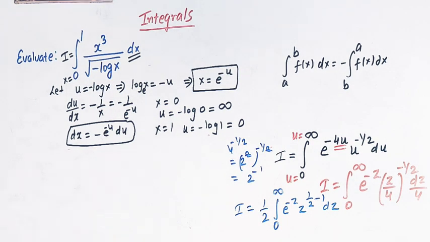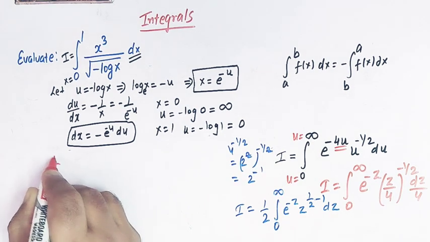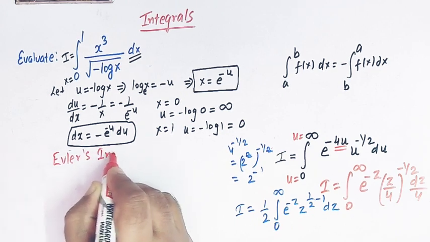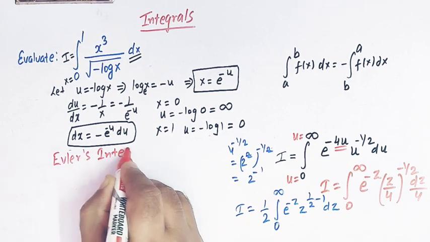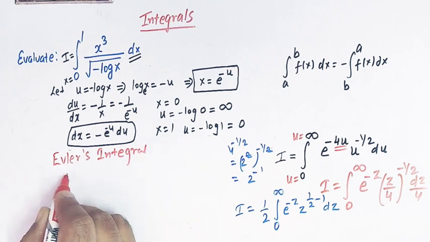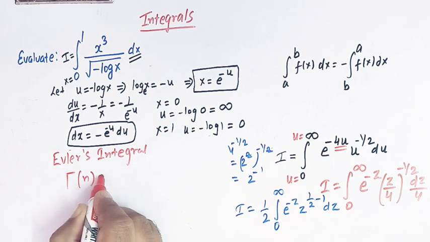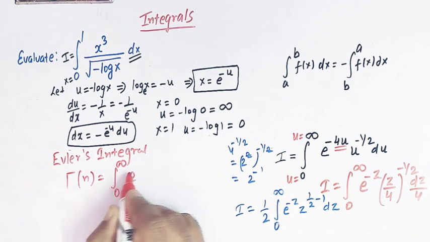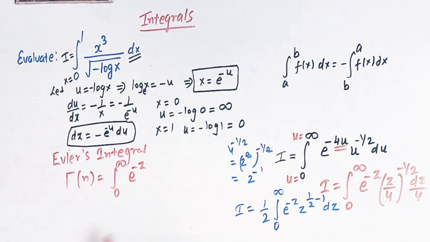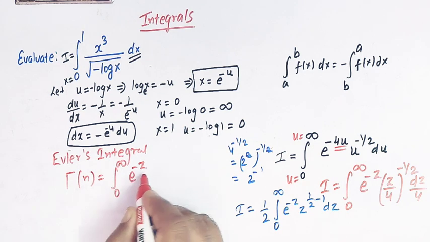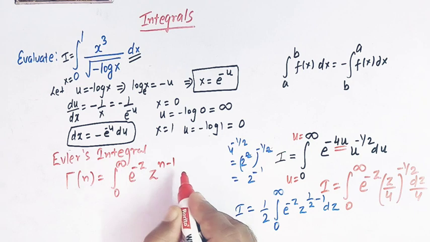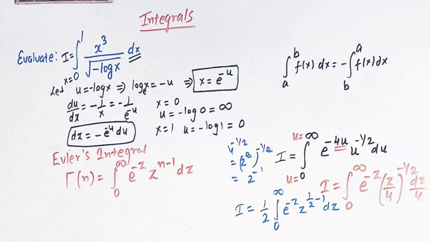So viewers, we know that the famous Euler's integral can be written in the form of the gamma function, and we can write gamma of n is equal to the integral from 0 to infinity of e raised to minus z, and here we have z raised to n minus 1 and dz, right?